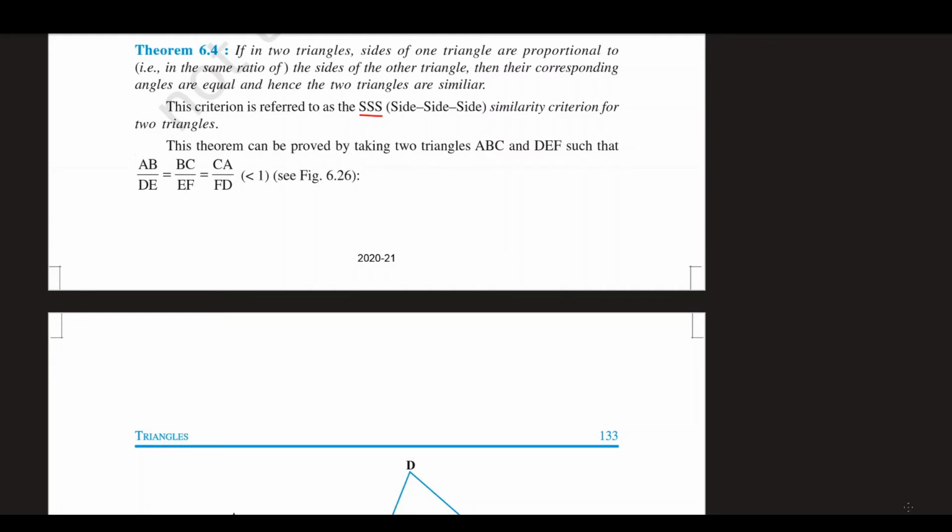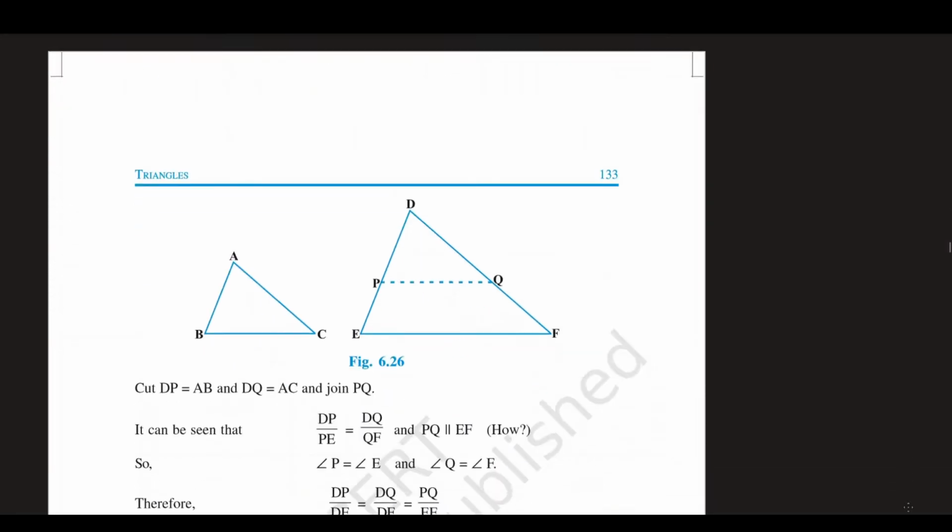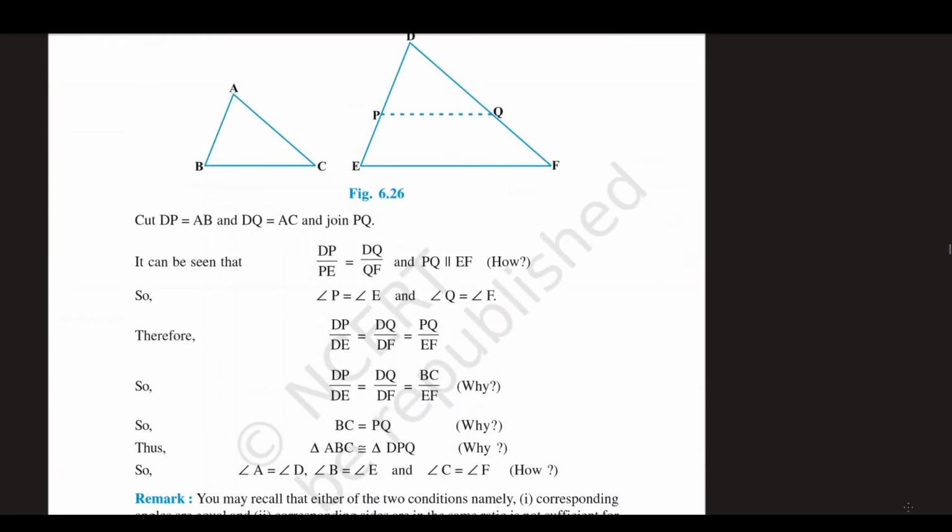That is, if in two triangles, the sides of one triangle are proportional, i.e. in the same ratio as the sides of the other triangle, then the corresponding angles are the same. So in this we are given that these ratios are the same. Now the triangles are ABC and DEF. Similarly, make DP equal to AB and DQ equal to AC.